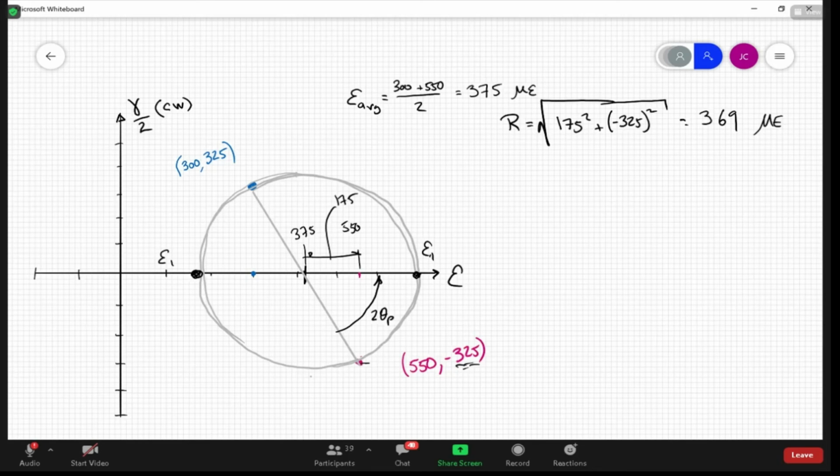This should be epsilon 2. So epsilon 1 is going to be 375 minus 396, which is positive 5.88.